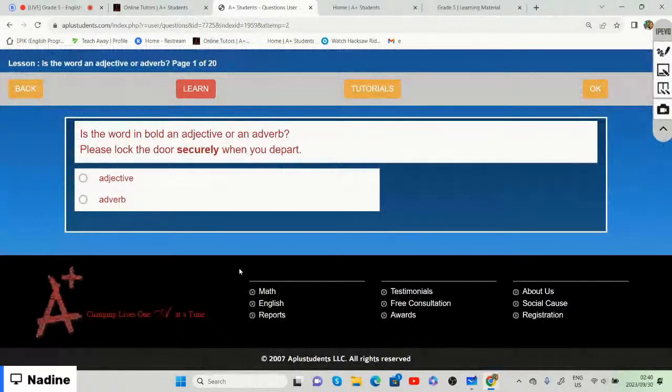Please lock the door securely when you depart. Securely, is it an adjective or an adverb?